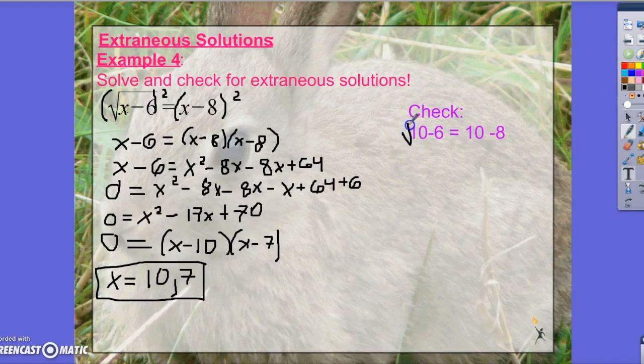Don't forget this is a square root here. 10 minus 6 is 4. So remember, we plug it back into the original. 10 minus 8 is 2. 2 equals 2, which is correct. So 10 works. Then we're going to plug 7 in.